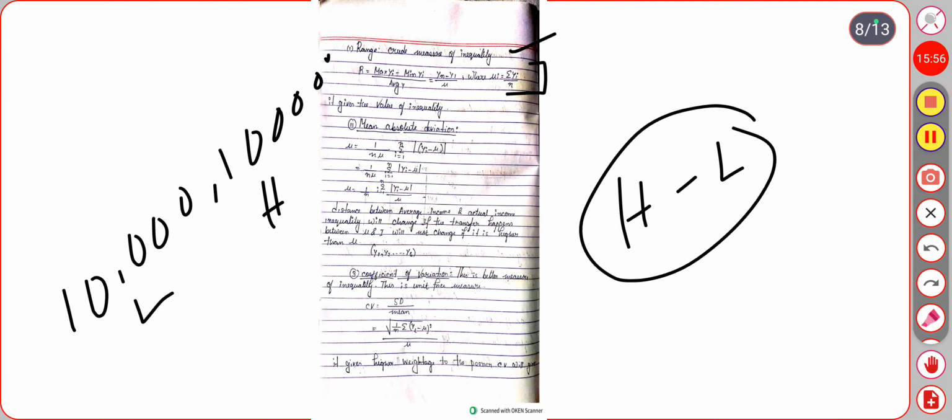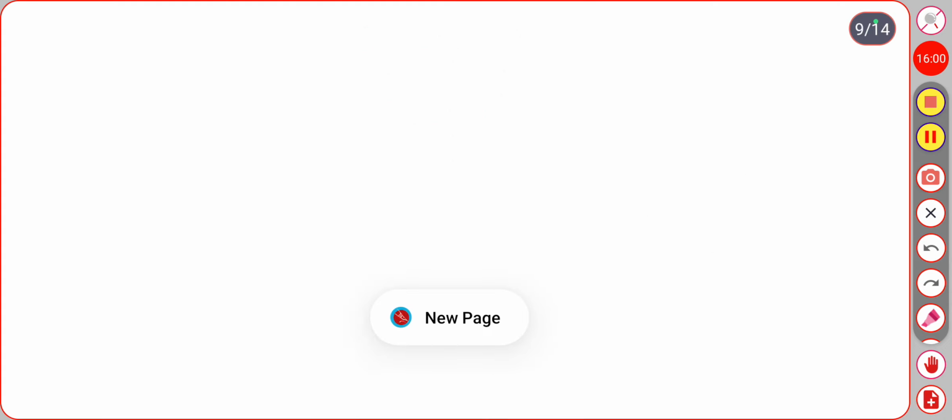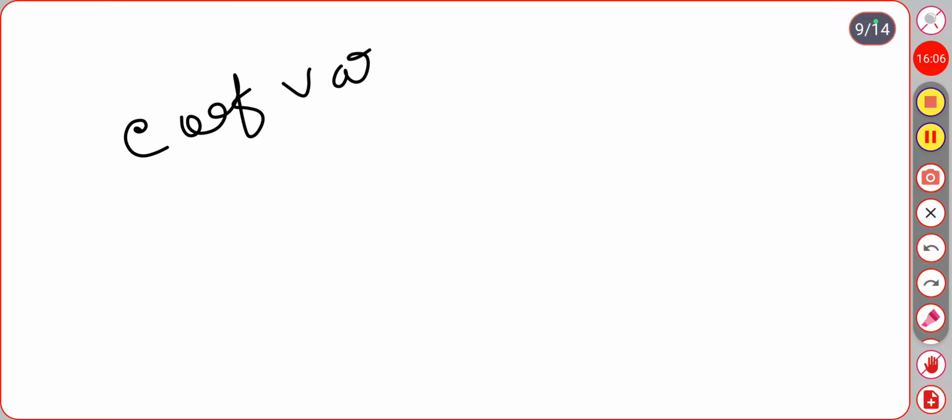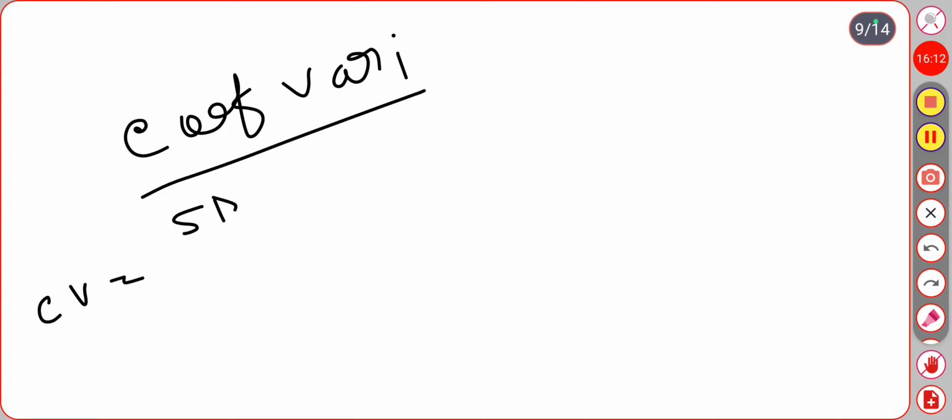And the other measure is the coefficient of variation for income inequality. The formula is standard deviation by mean into 100. So how can we calculate it?